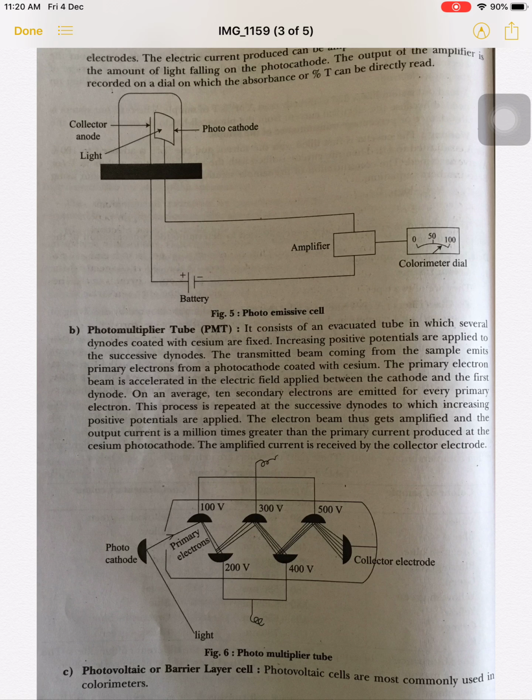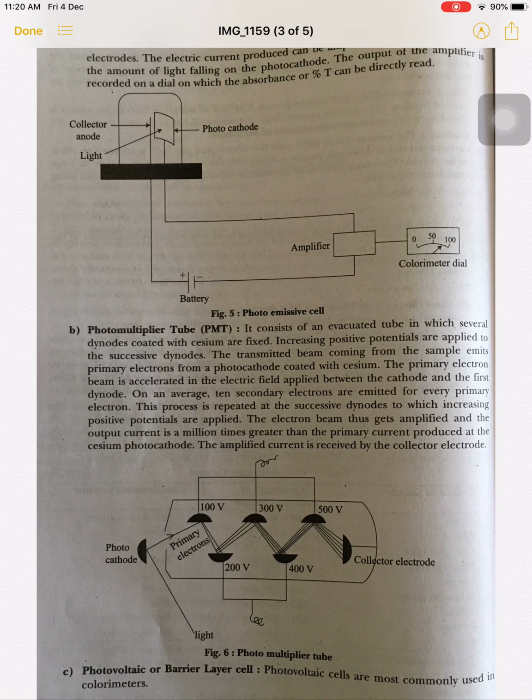Then it goes to the third diode, and the electrons are multiplied again. When it goes to the 4th, 5th and 6th, it goes on multiplying. Therefore, the primary electrons generated in the first diode are multiplied several times at the last diode.